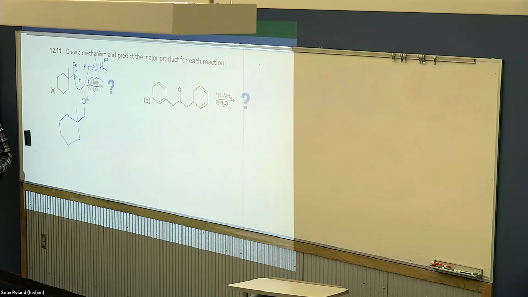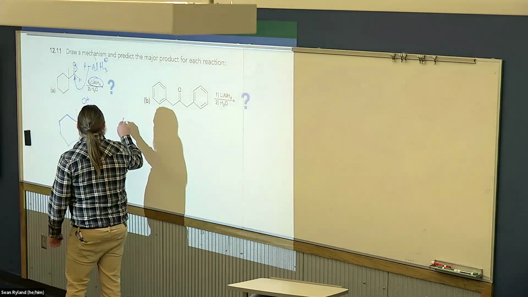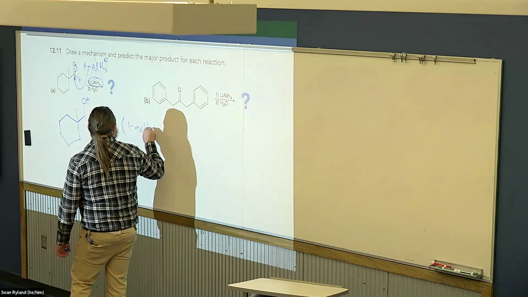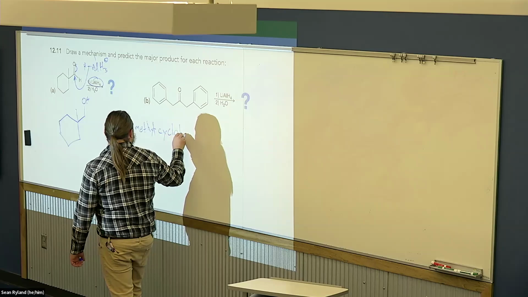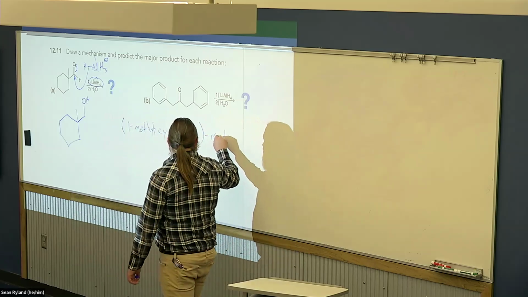Just one. So this is methanol with a complicated branch. So it would be something like 1-methyl cyclohexyl methanol.